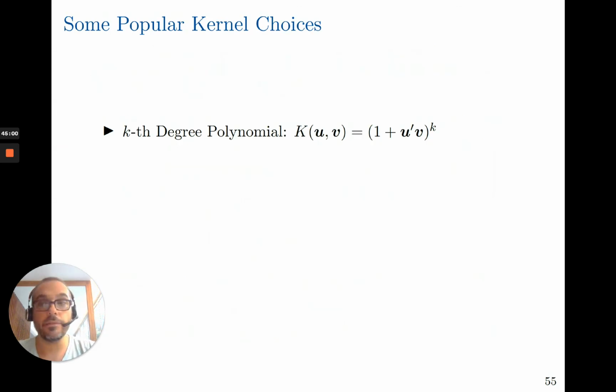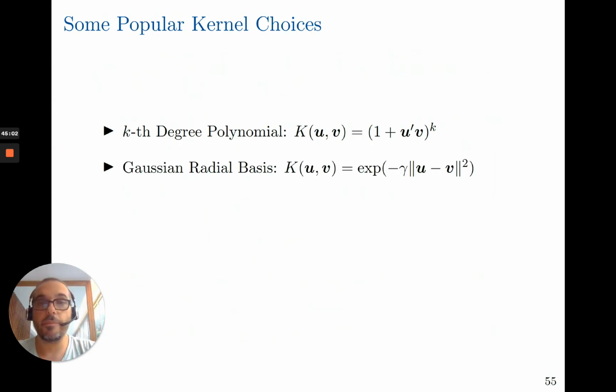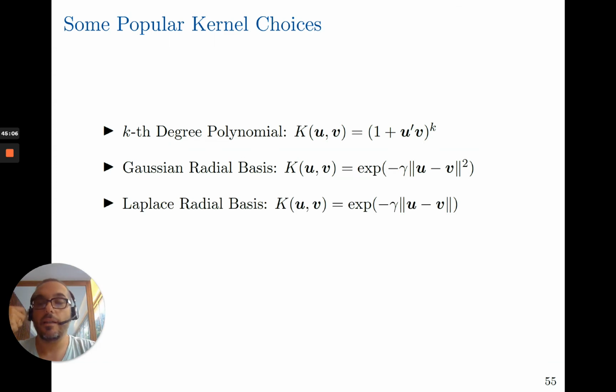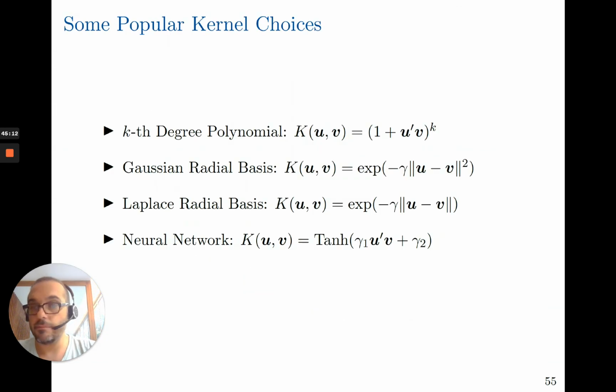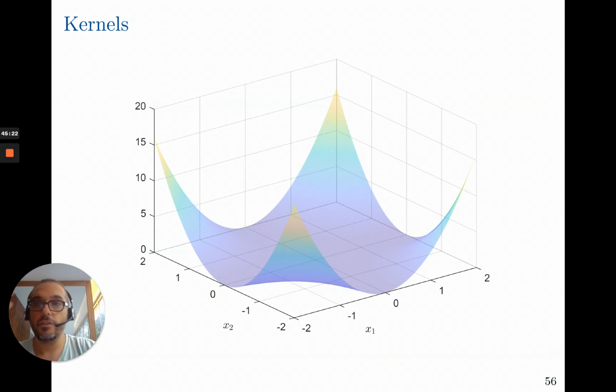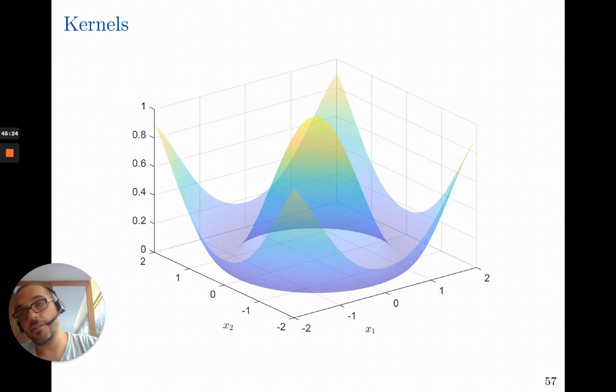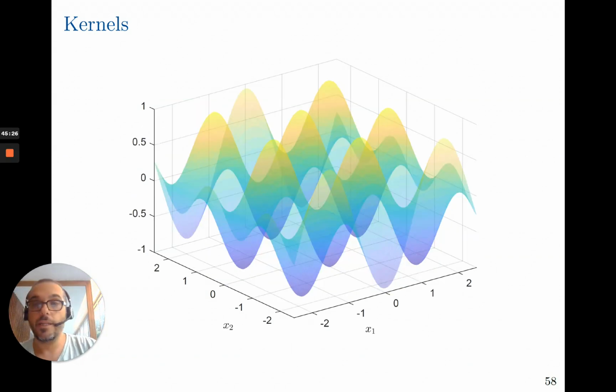So we have many kernels: kth degree polynomial, Gaussian radial bases, Laplace radial bases, neural networks, and many, many possibilities. The very first example that I gave to you was with the kth degree polynomial. So this is an example of a kernel. This is another example of a kernel, and this is another example of a kernel.